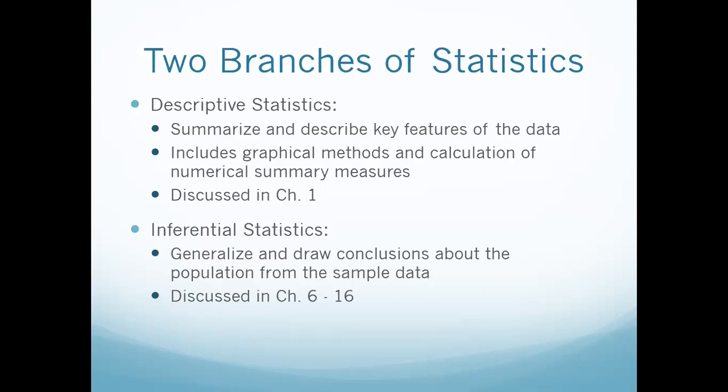Branches of statistics. There are two big branches in statistics. One is descriptive statistics. The other is inferential statistics. So this is the difference between descriptive and inferential statistics. In the descriptive case, we just get a sample from the population, do our analysis and interpret about this sample only. Clear?